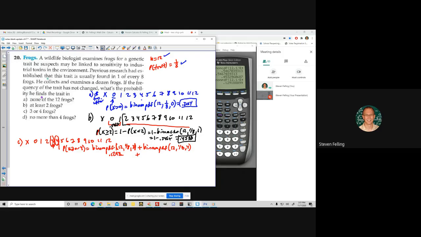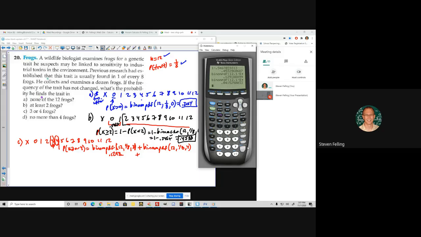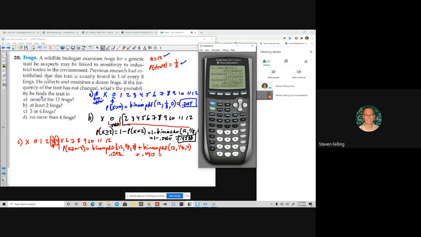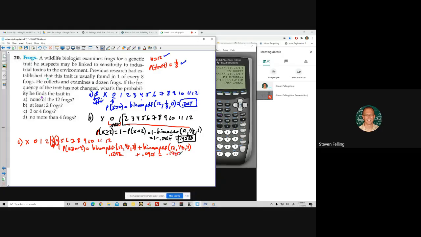And then if I just go up and grab that again, but change this to 4, it's 0.0415. So when you add those, if you took this number and added it to this number, you'd get 0.1707. Okay, so you can use PDF twice, one for each case that's included.